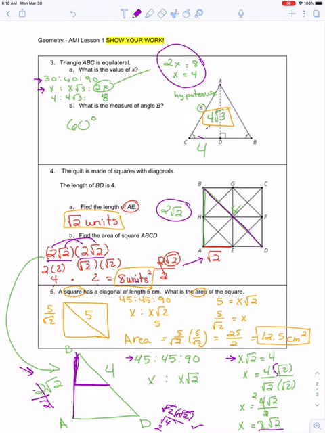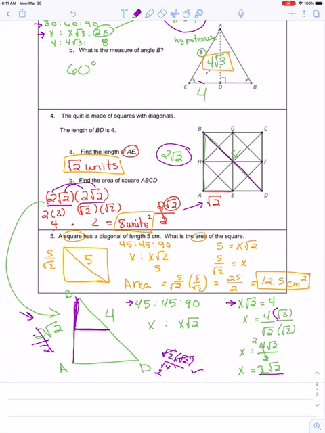All right, and then it's the same thing on number 5. So now I have a square, and a lot of y'all calculated this as the side length being 5, but the diagonal length is 5 here. This length is 5. So again, I set it up as the ratio, x and x square root 2. So 5 equals x square root 2. Solve for my x, which is 5 over square root 2.